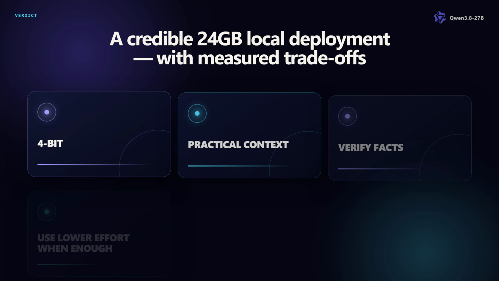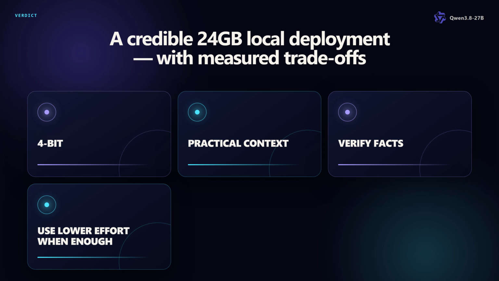On a 24 GB GPU, a 4-bit build is a credible local deployment if context remains practical and the workload is measured. For factual research, verification remains essential. For routine work, lower reasoning effort may matter more than another hardware upgrade.